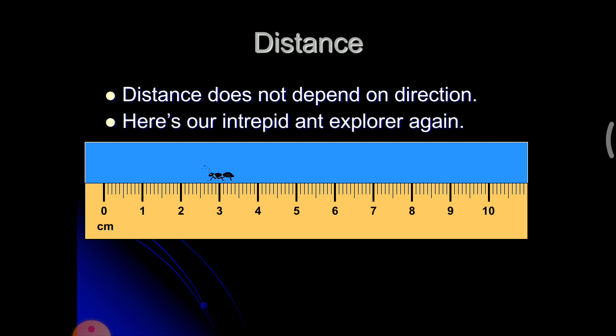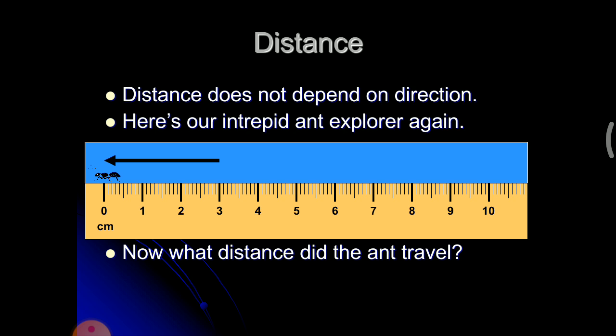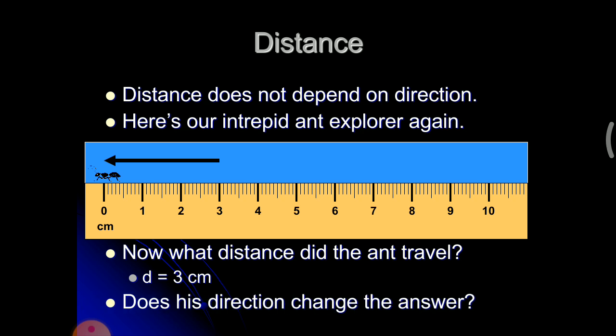Here's our ant again. Now, what distance did the ant travel? The distance is equal to the same 3 centimeters. So from this we can say that the distance does not depend upon the direction. Does the direction change the answer?